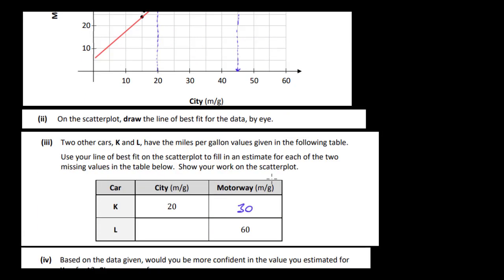We're going to come across here, hit the line, let's say there, and down along. And we're going to say 45 here. Okay, so you guys probably got slightly different answers depending on the line of best fit that you drew. When you're doing these dotted lines, use a ruler as well.